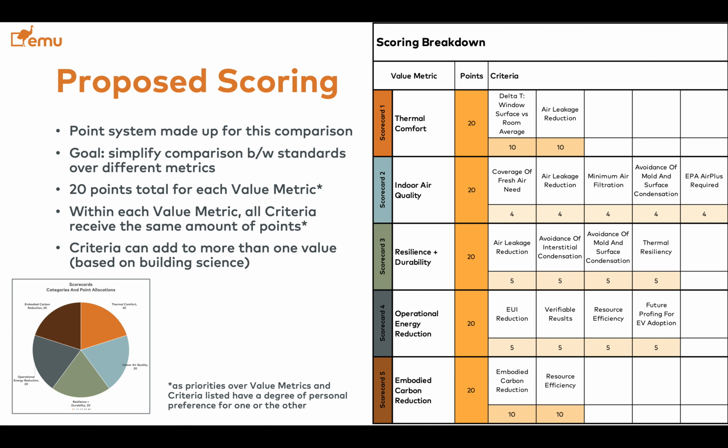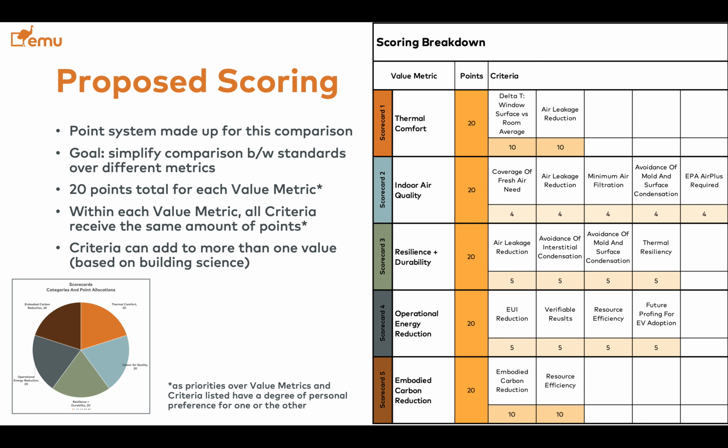Lastly, different criteria will provide value for different aspects of the building. For example, the air leakage reduction does make your building more comfortable. So we assign some points in the thermal comfort. It will also improve your indoor air quality because you keep the pollutants out by air sealing your building.